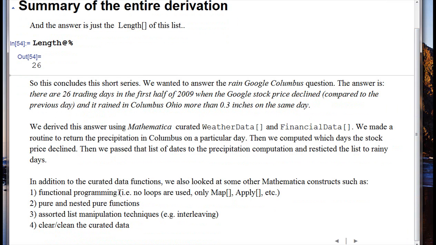So in addition to curated data functions, we also looked at some other Mathematica constructs such as functional programming. We didn't use any loops. We only used map and apply. We used pure and nested pure functions. We used assorted list manipulation techniques, and we showed how to clean or clear out the data. So that's the derivation, and I want to thank you for listening.